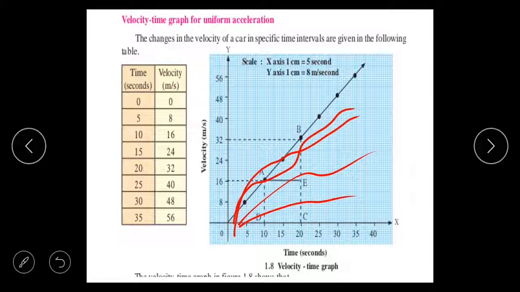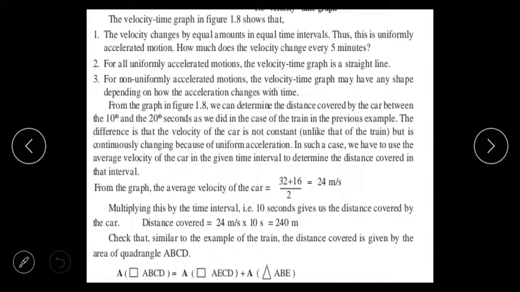It depends upon how the acceleration changes with time. So in this graph, the question has been asked, and in such a case we have to use the average velocity of the car.